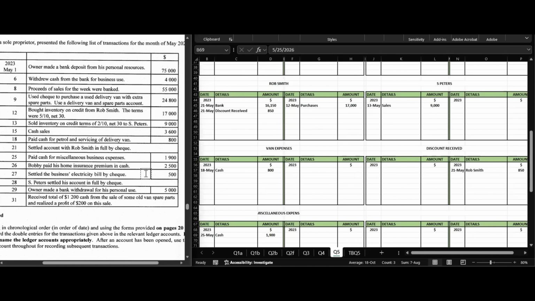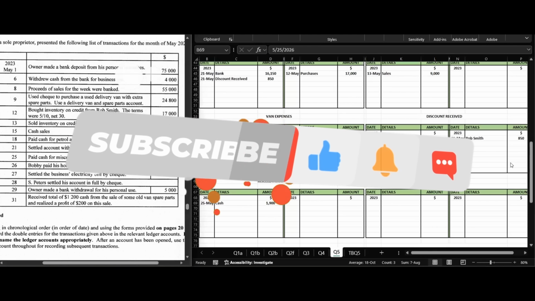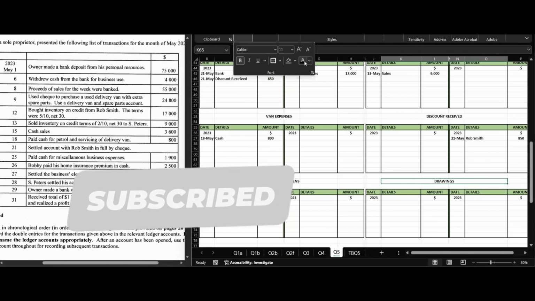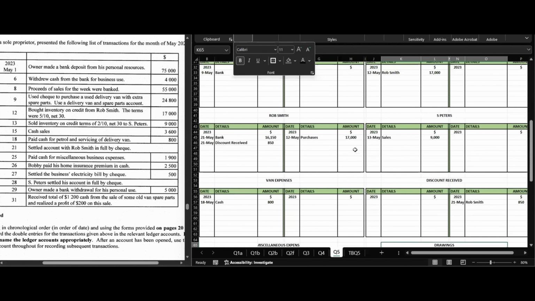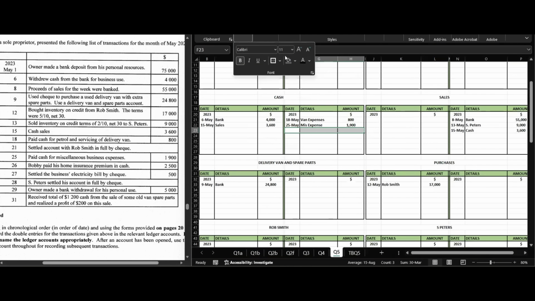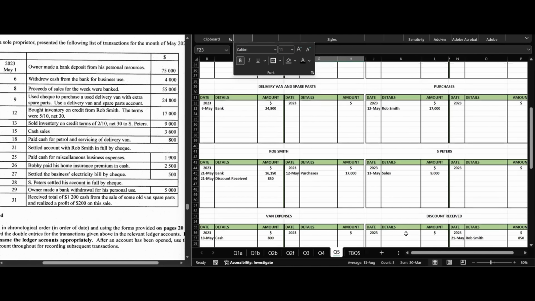On the 26th, Bobby paid his home insurance premium in cash. Now, when the owner pays his own personal expenses through the business, we call that drawings, guys. So we're going to credit the cash account, and we're going to debit drawings.